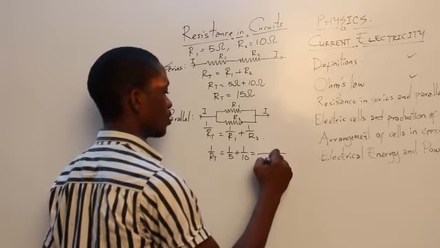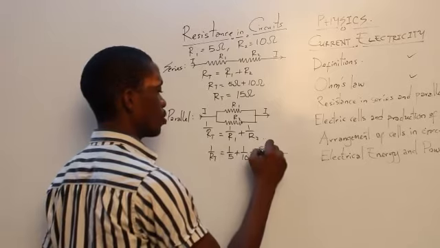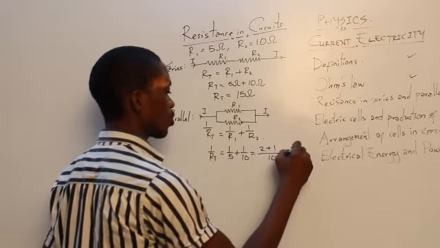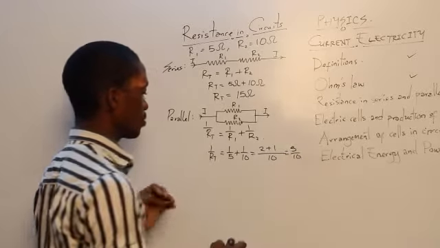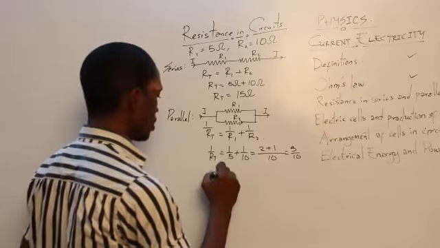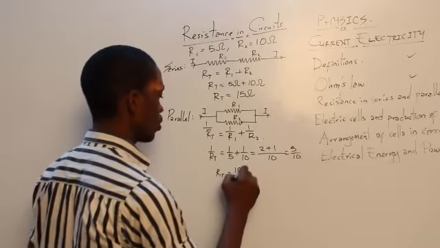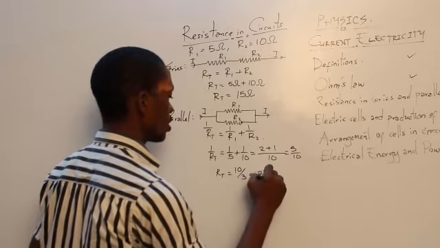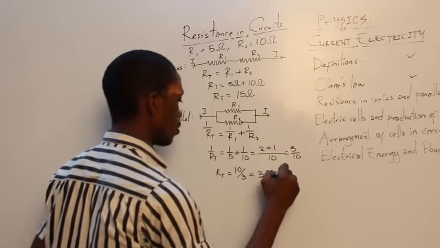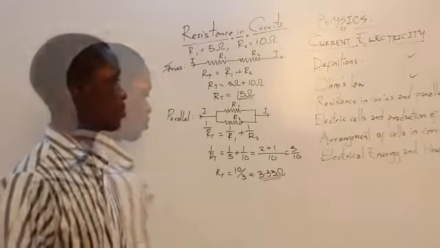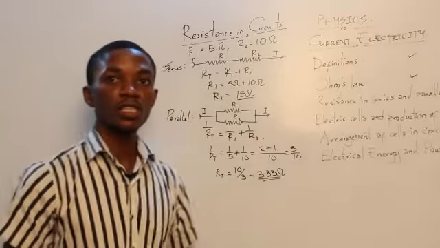This would give 10 as the common denominator, and we'll have 2 plus 1, which equals 3 over 10. So our RT would be the reciprocal, that's 10 over 3, which would be 3.33 ohms.